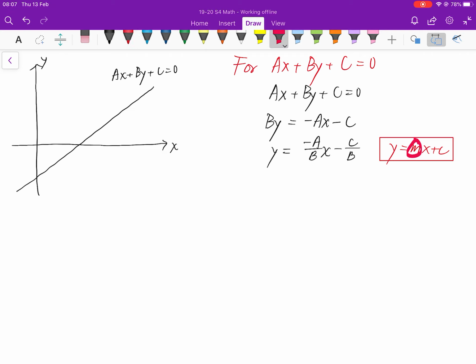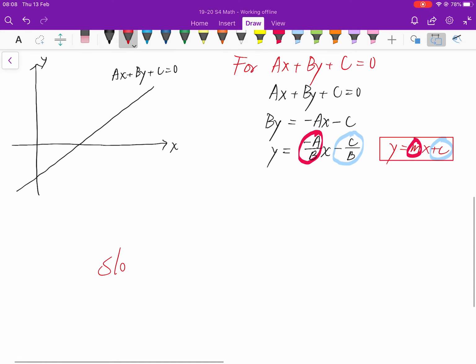for the m, the slope, it is negative a over b. And for the y-intercept c, it becomes negative c over b. We can mark it down.